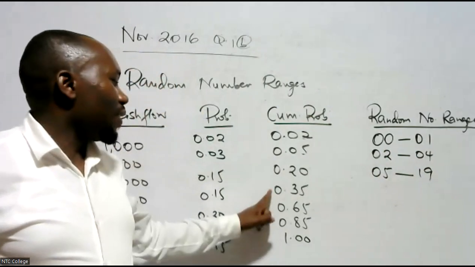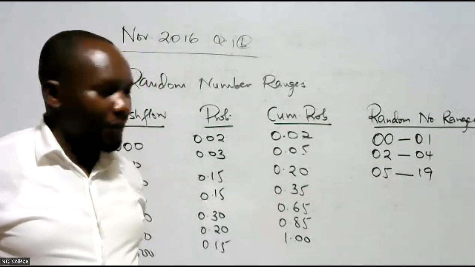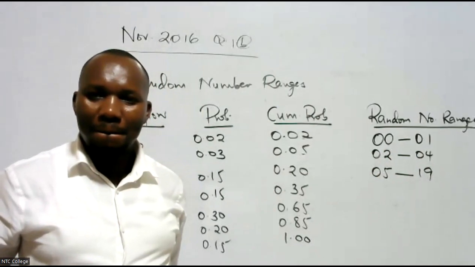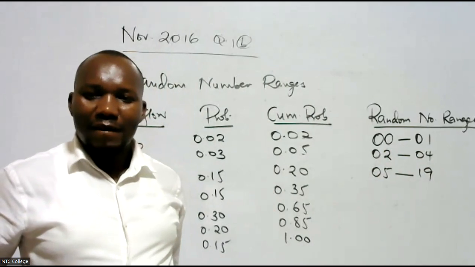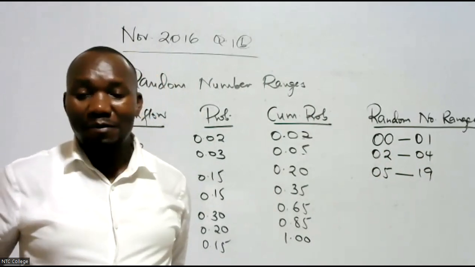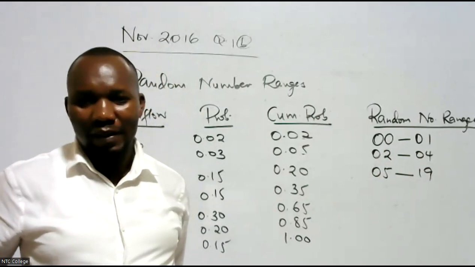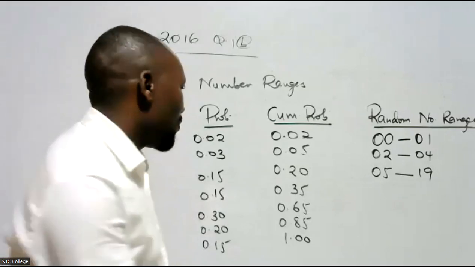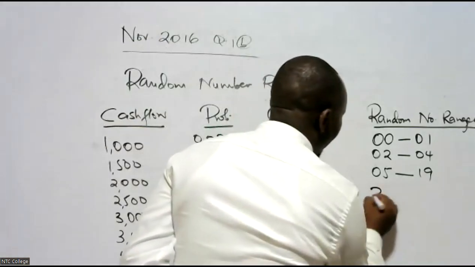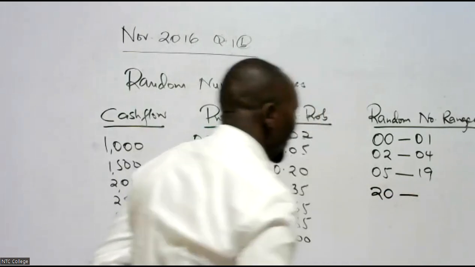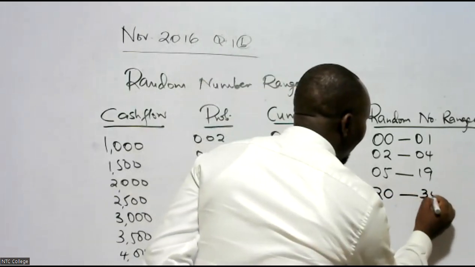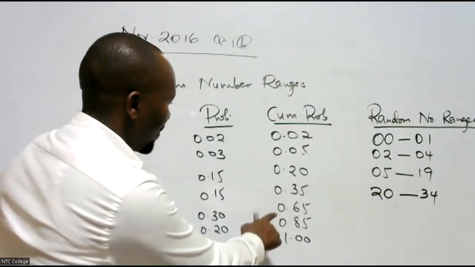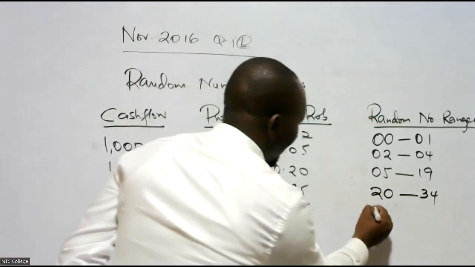Give me the last, this one. How will it be? If there is somewhere you don't understand, say, teacher, I haven't grasped this yet. 20 to 34. Thank you so much. So we have 20. Say another one again so I know you have got it now. The next one? 35 to 64.